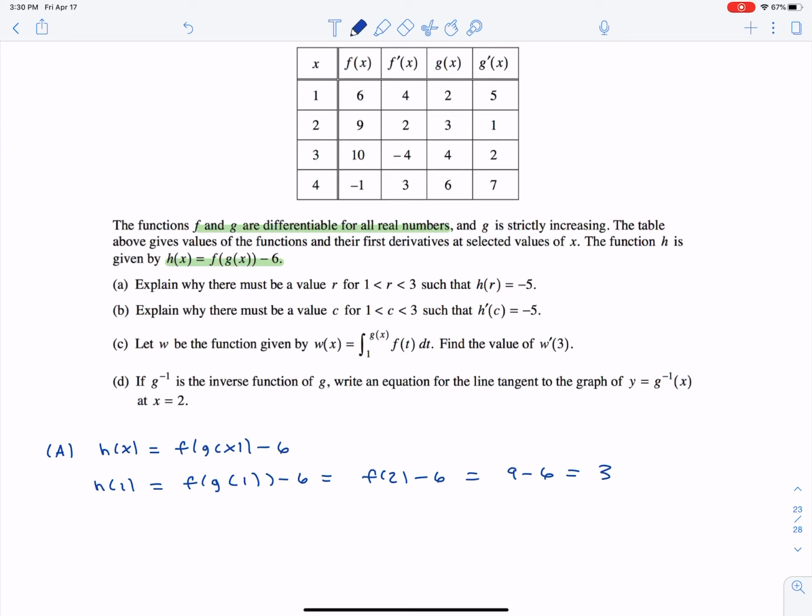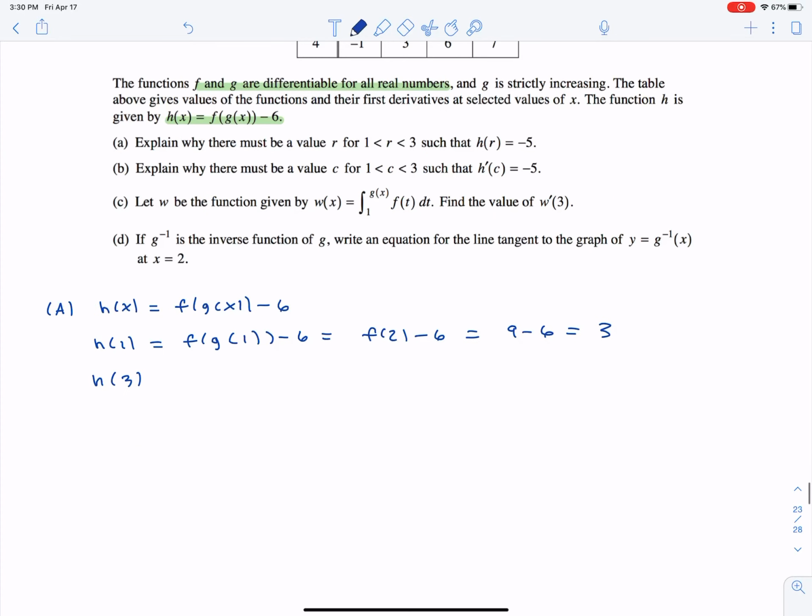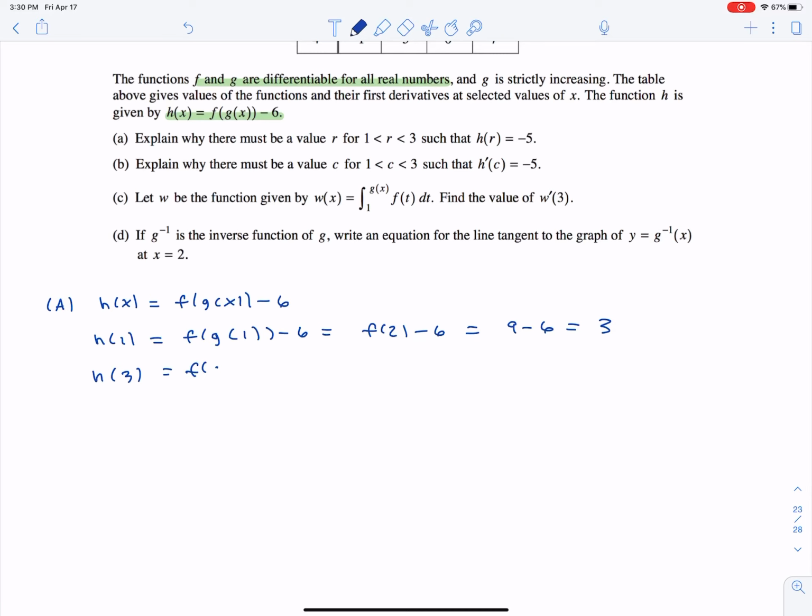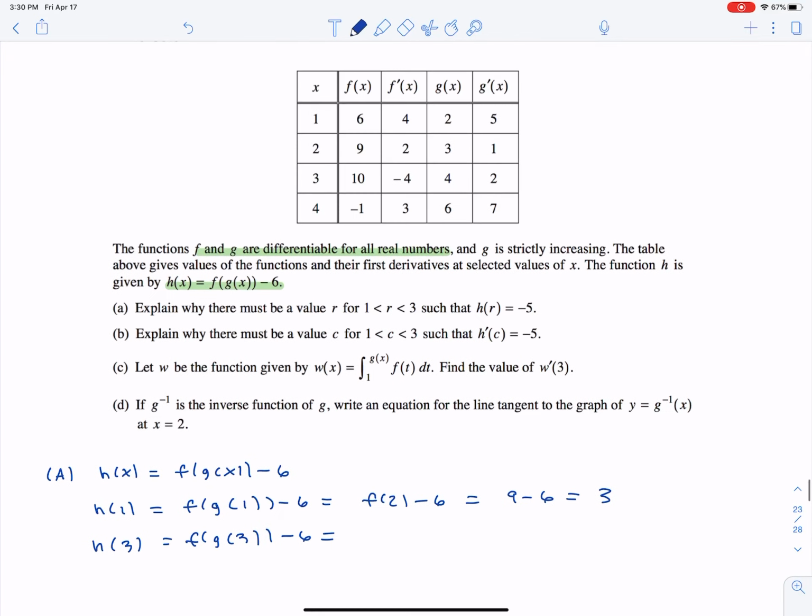I'm then going to do the same thing for 3. So h of 3. Let's see what that becomes. So this becomes f of g of 3 minus 6. Kind of messy there. So let's figure out g of 3 is 4.